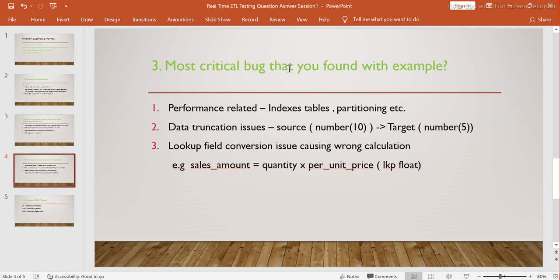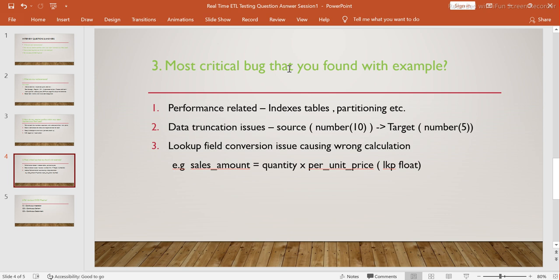For example, there was a major performance bottleneck that I discovered while doing the volume testing, because when we did the functional testing with a limited set of data, we did not find all these issues. But when we tried to run with the production-like load, and we tried to load in the warehouse, that's where the job took a lot of time.